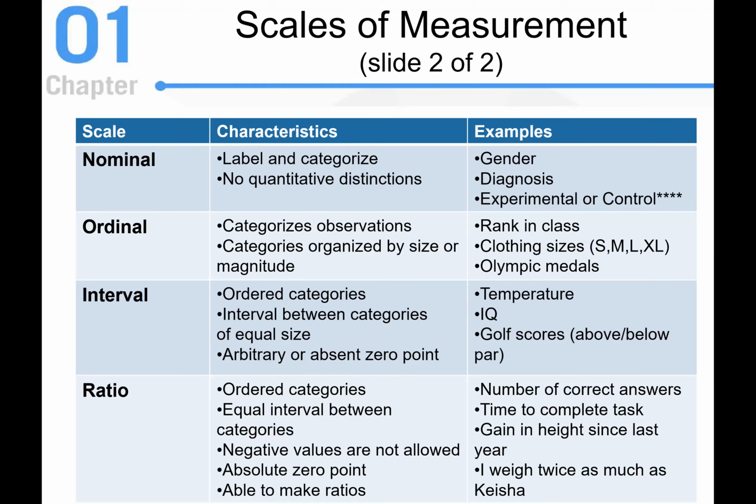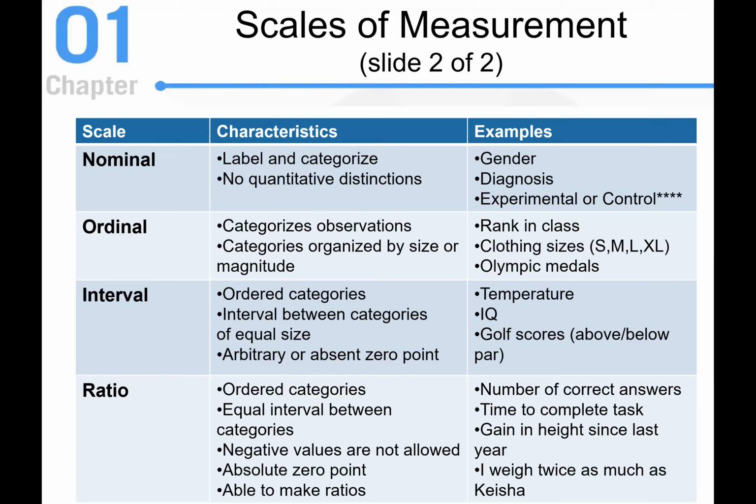We just have who won what medal. We don't know how much better the person who won the gold medal did in comparison to the one who won the silver medal. All we know is that gold did better than silver and silver did worse than gold. So we know kind of the magnitude. We know those kinds of differences.